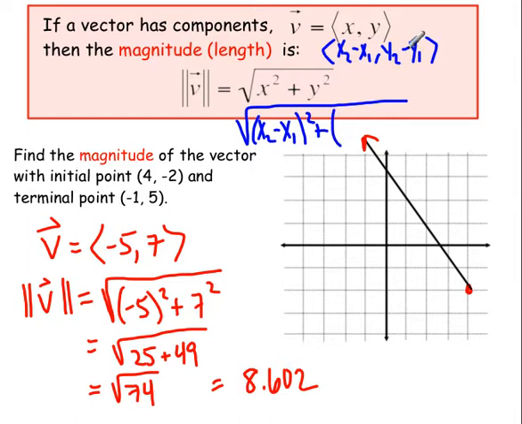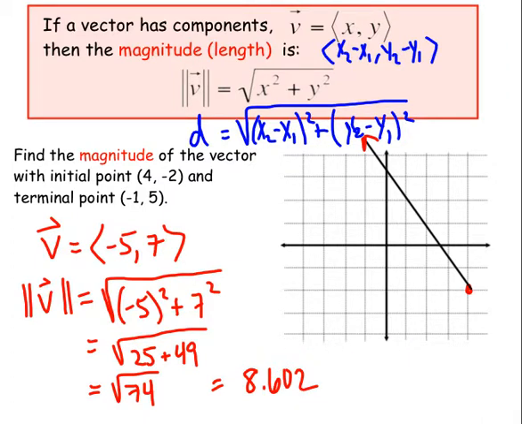I'm going to put the y2 minus y1 in for y. Okay, now you've seen this formula before, otherwise known as distance formula. That's all a magnitude is. It's a distance. So the distance from this point to that point is 8.602.